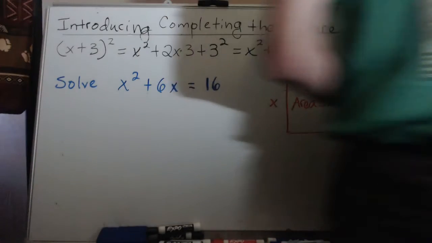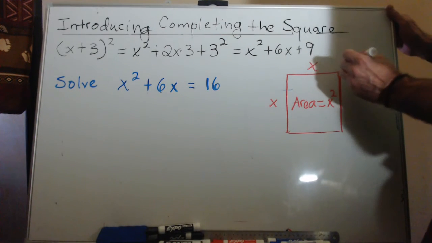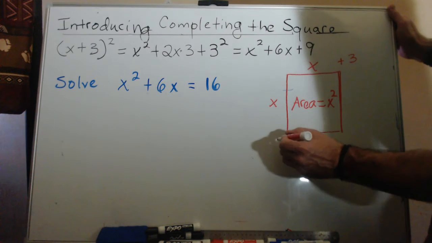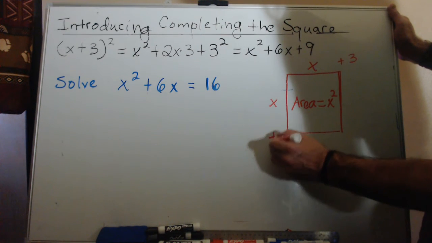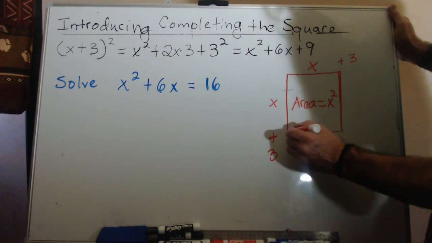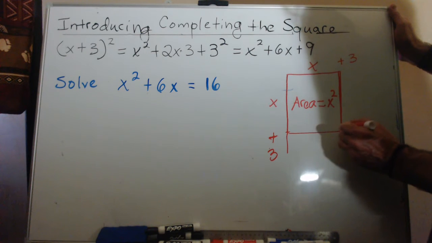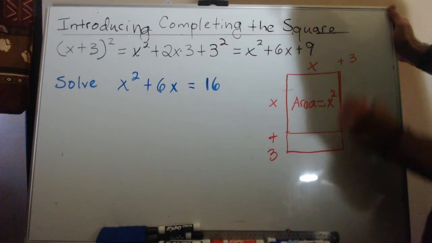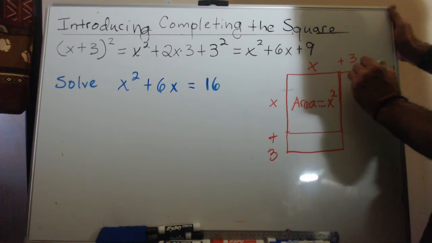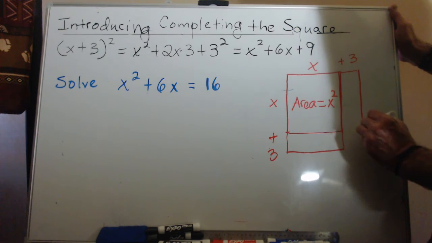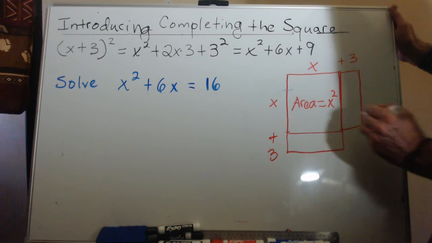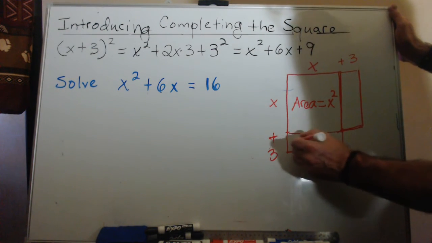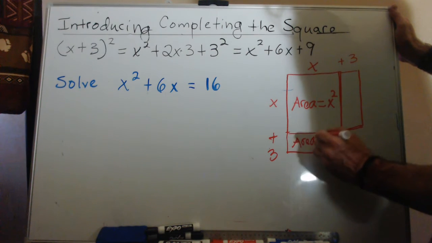What we're going to do in this drawing is extend in both directions by 3, and that's going to give us a rectangle here and a rectangle here. Both of them have an area of 3x.